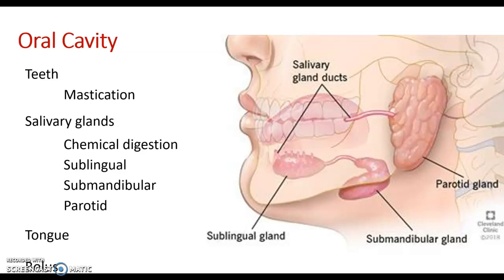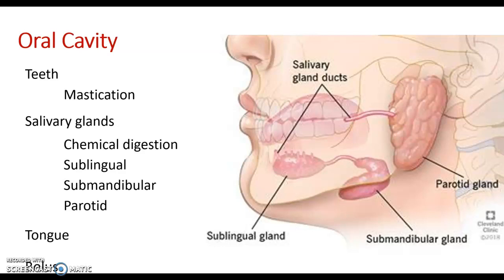Here in the mouth with the salivary glands, we have our first example of chemical digestion. There are 3 pairs of salivary glands: the sublingual, which is below the tongue, the submandibular, which is below the mandible, and the parotid, which is in front of our ears.